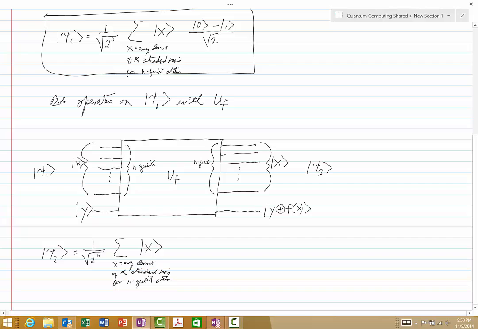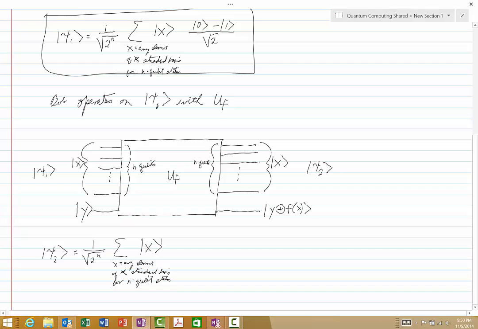The first n qubits over here on the output will match the first n qubits of the input, regardless of which one of the x's we're talking about. Remember, we're going to be looking at 2 to the n different x's. One consisting of all zeros, the next one consisting of all zeros except for a 1, and so on, all the way up until we get all ones.